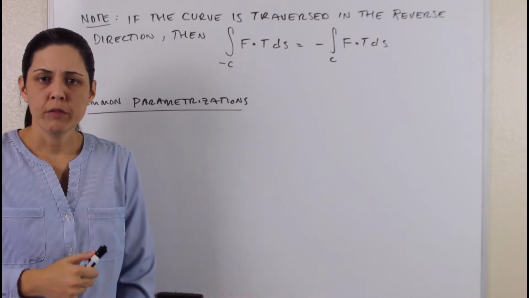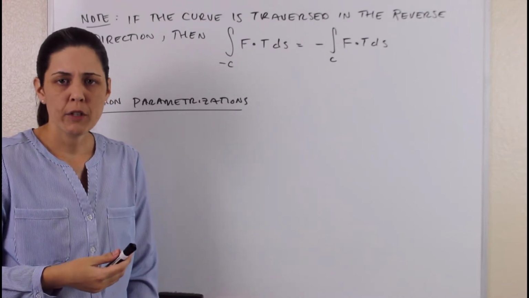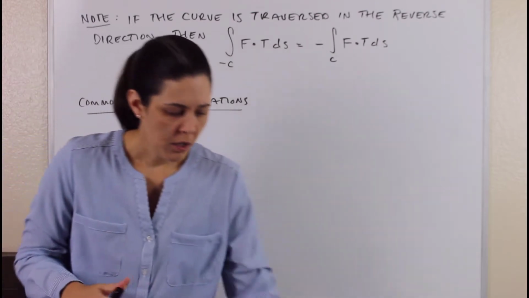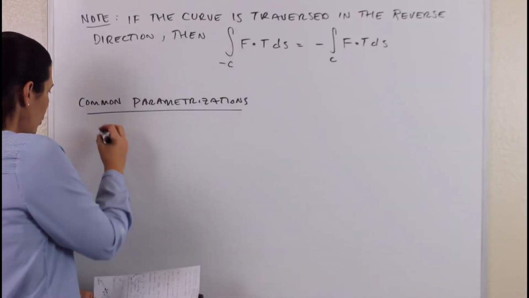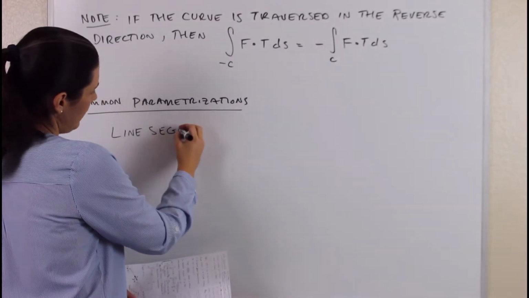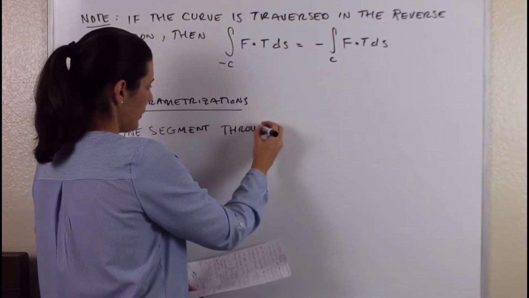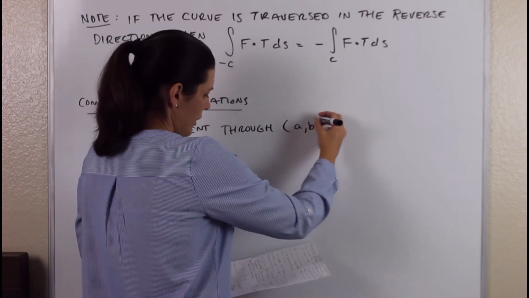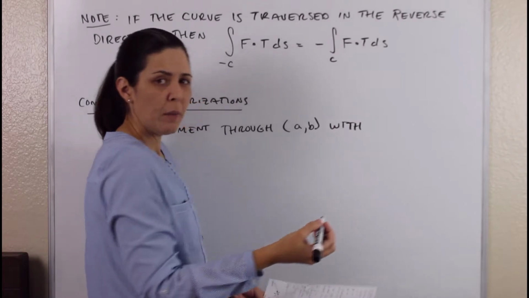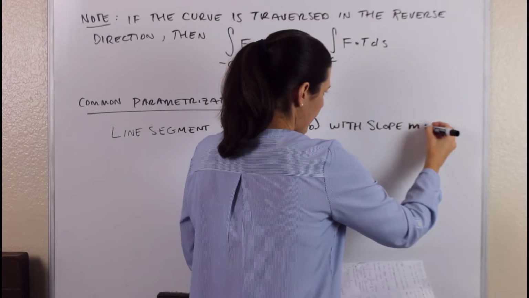You might remember these from learning them previously, but a lot of times you're going to be given a parameterized curve, but not always. So let me remind you a little bit about parameterizing a curve. One thing is a line segment. Let's say our curve is a line segment through some given point, I'll call it (a, b), with slope m.